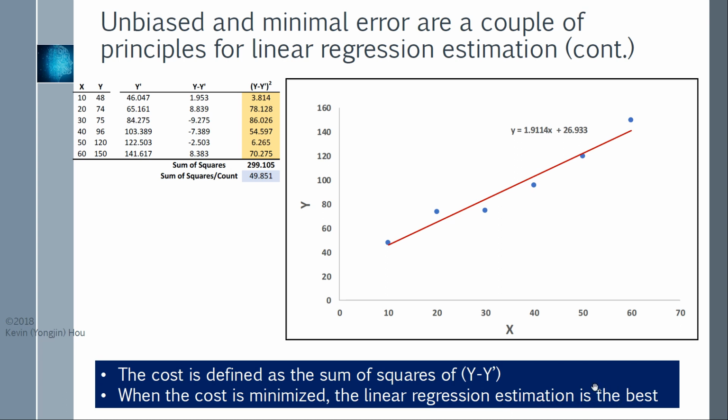Basically, the linear regression estimation's job is to come up with the slope and intercept which can produce the minimum cost. Whenever that goal is achieved, we claim this linear regression estimation is the best.